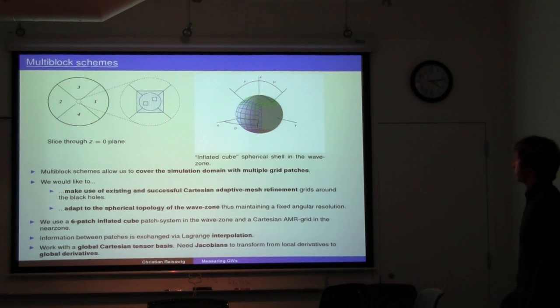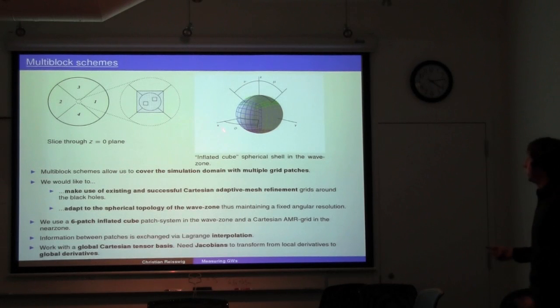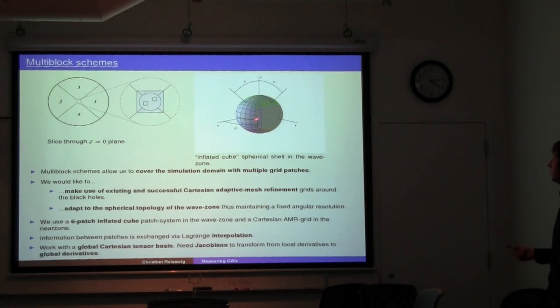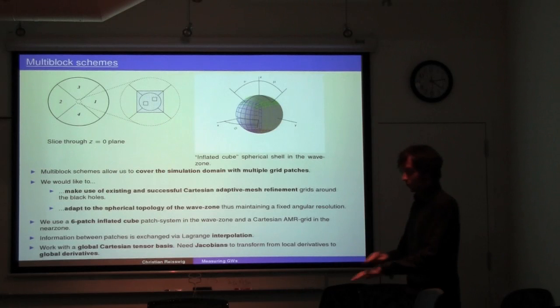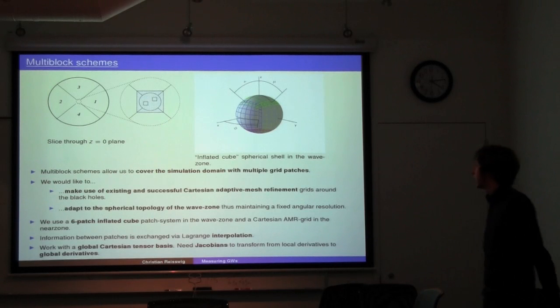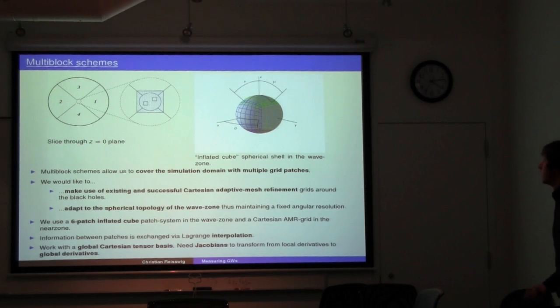We have to introduce multiple grid patches, and one choice could be, for example, stereographic patches. But because we need to communicate data between these patches, stereographic grids could introduce inaccuracies, because the distortions across these boundaries are rather large.